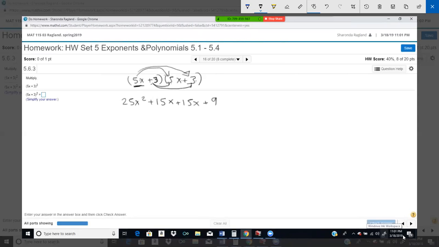So we've covered everybody, okay? 5x has been with these two, 3 has been with those two. Now we have to combine like terms. We have 15x and 15x, which gives you 30x. So when you bring down the 25x squared, combine like terms, bring down the 9. And this is your answer.